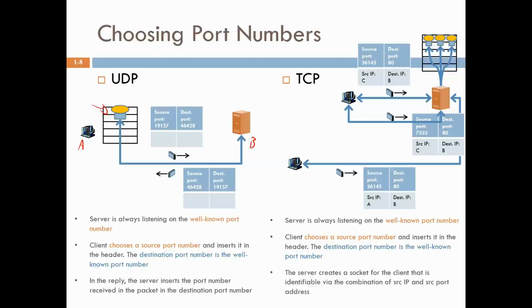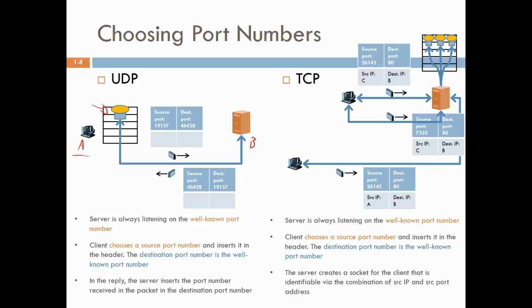However, it has to be unique only within client A. That means no two processes in client A should have the same port number. The reason is that when the response comes back, it is going to come back addressing this port number. That means the transport layer in A, once it receives the responses to these requests, the responses are going to identify an application layer process using the source port number that A has chosen.